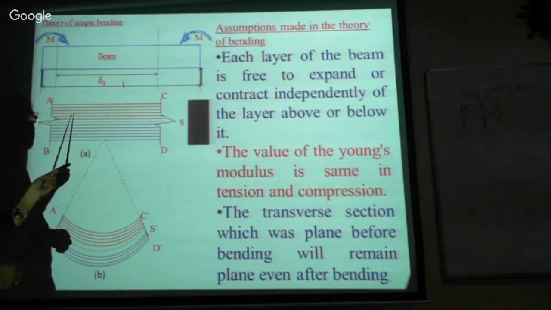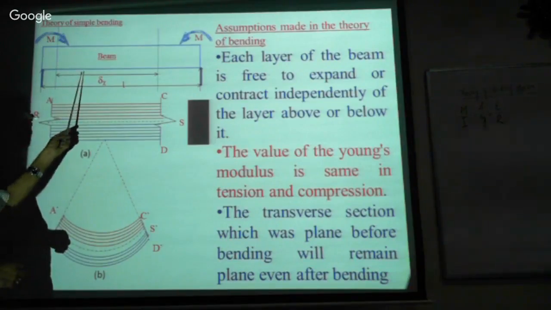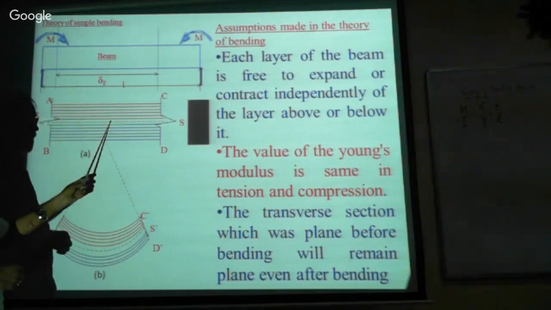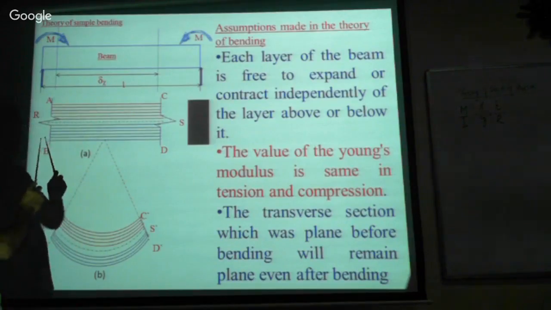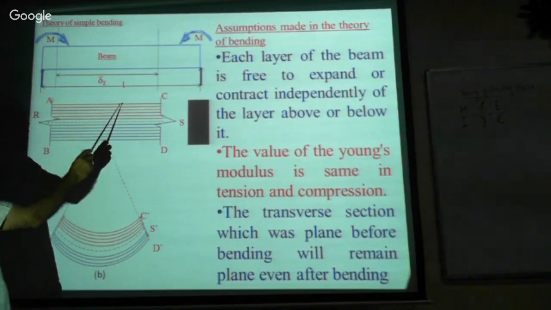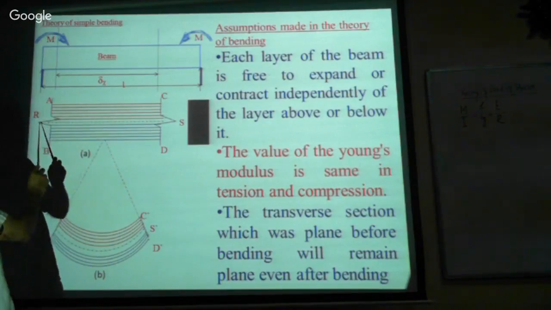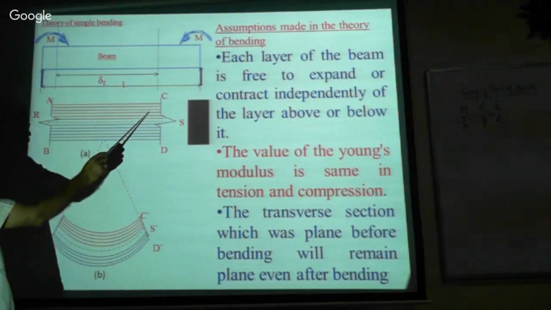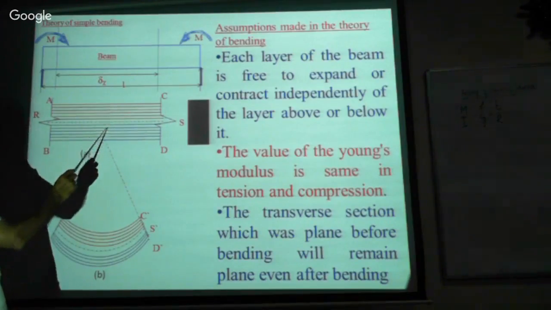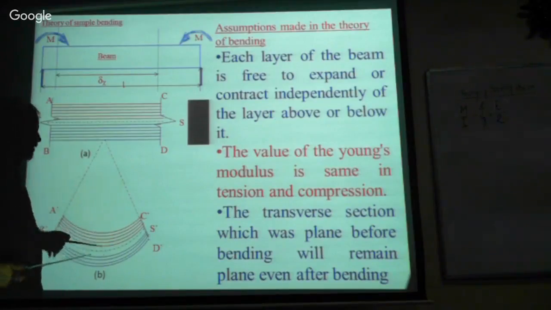For example, consider a loaded beam, and it is assumed that the beam is made out of a number of layers. These are the layers.